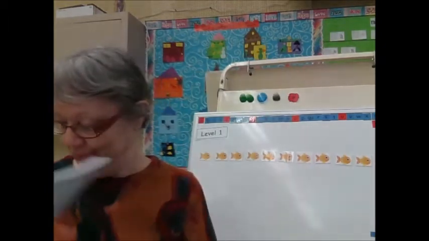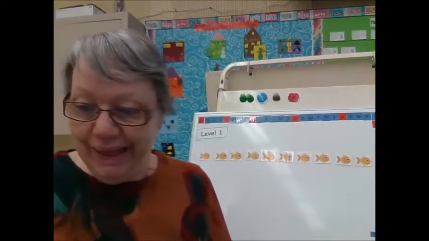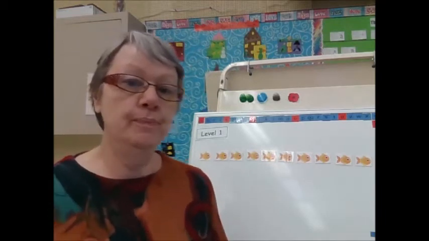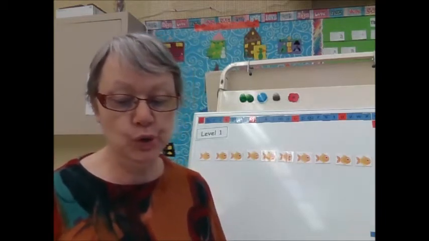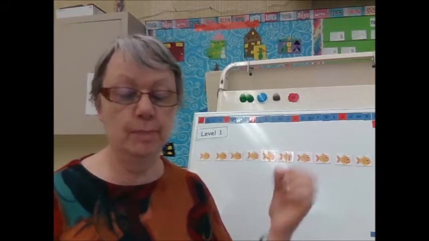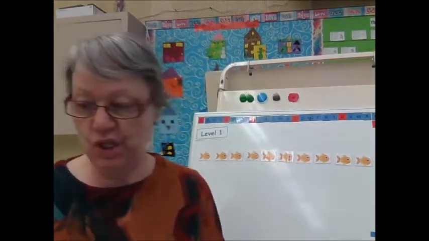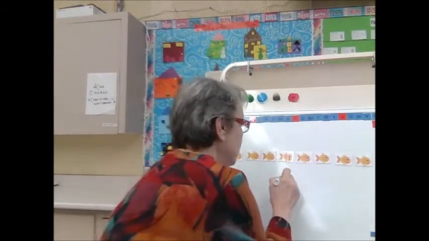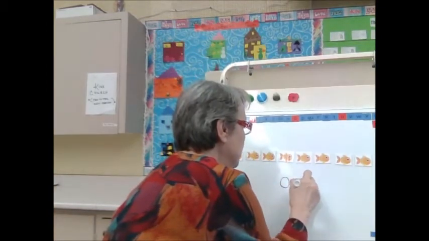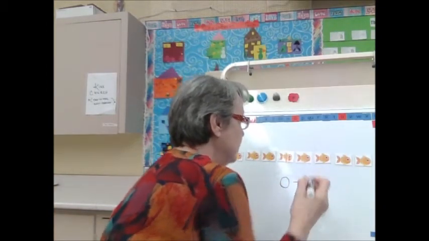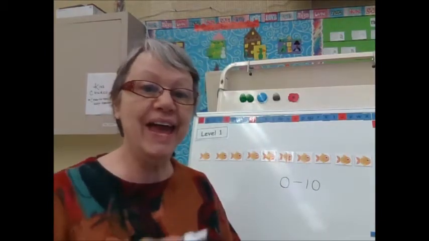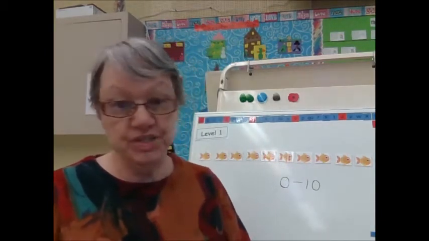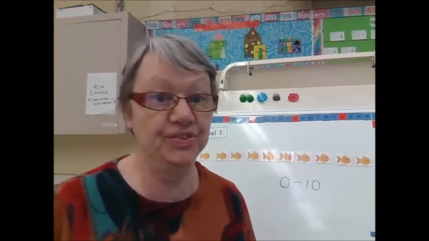All right? So up until now, in your math, you have been learning from 0 to 10, right? We have been learning from 0 to 10. Okay? And from today, we are going to go past 10.